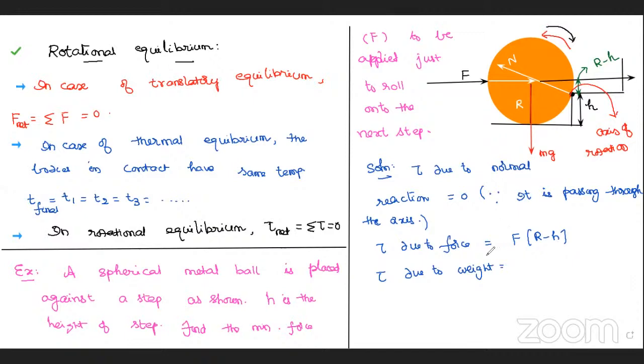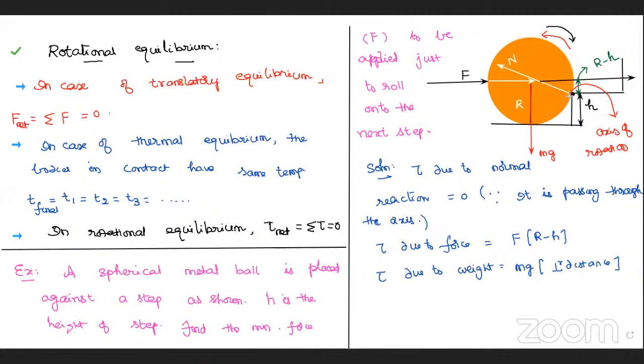Torque due to weight is mg into the perpendicular distance that we have to say. I don't think it is R. That perpendicular distance is not R, what I believe. Look at the line of action of mg.